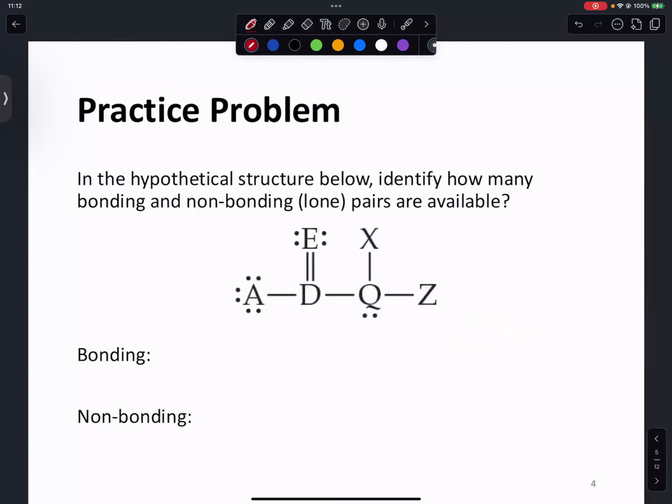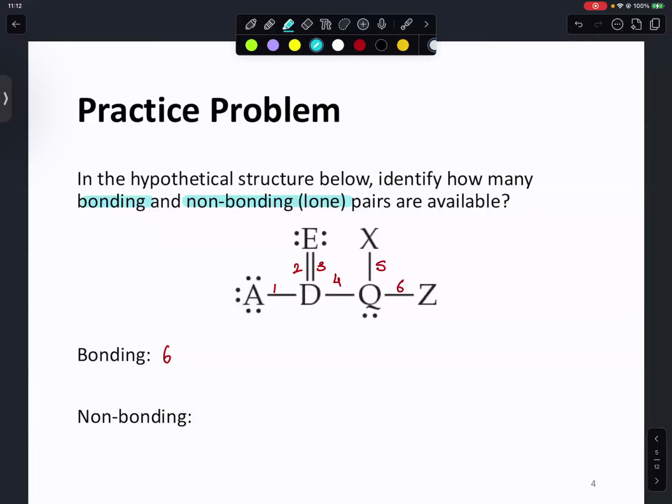All right, let's break this up with a question. I want us to identify from this practice problem how many bonding pairs, meaning the lines, and non-bonding or lone pairs are available. Simply, we're going to count. For the bonds, I have here 1, 2, 3, 4, 5, and 6. So bonding is 6.